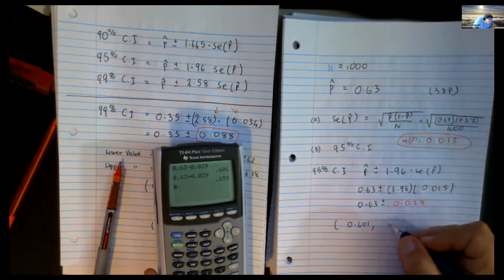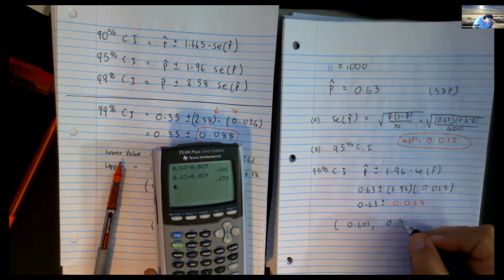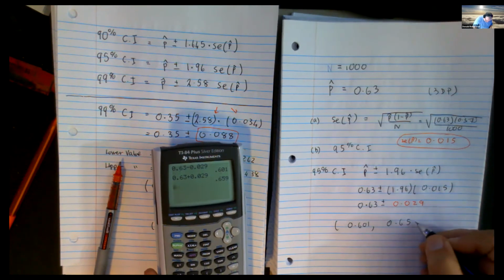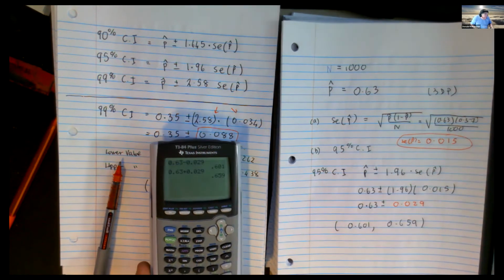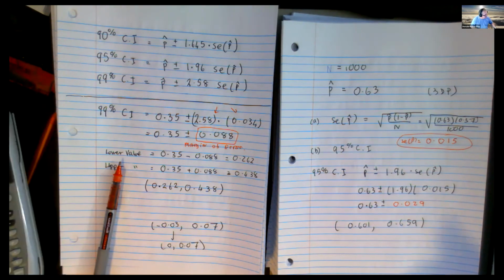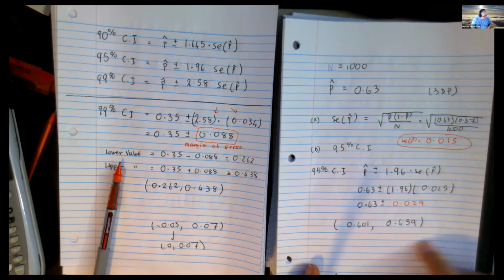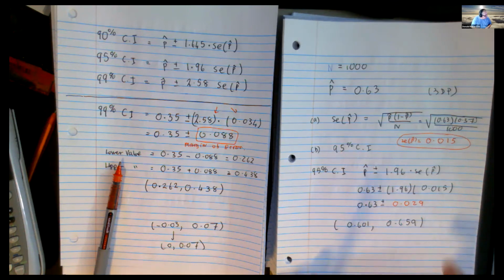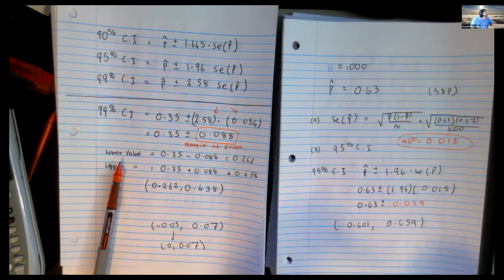And the answer I get here is 0.659. Right, are we comfortable about the calculation to generate this 95% confidence interval? Are we good? Right, now let's show you how you can do the same thing on SALT.